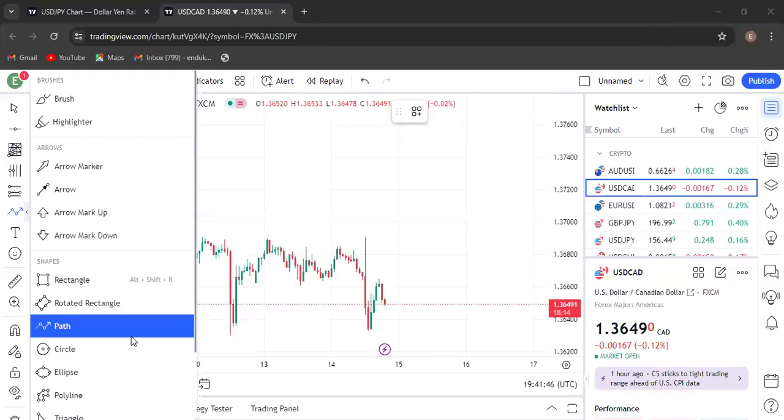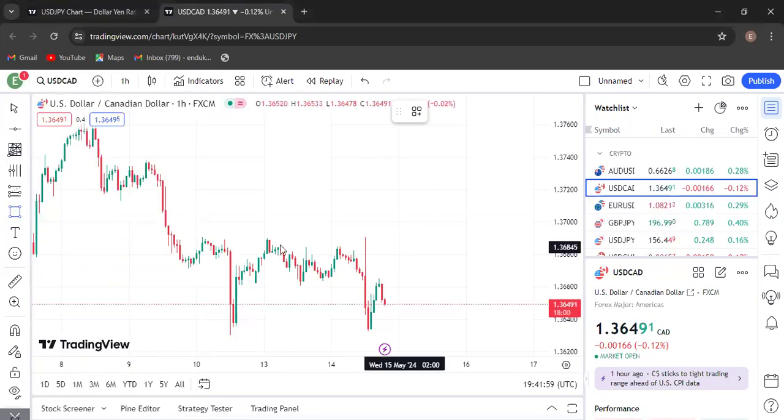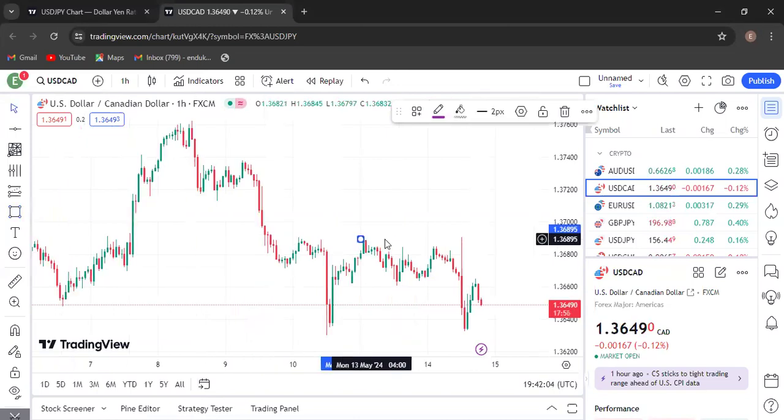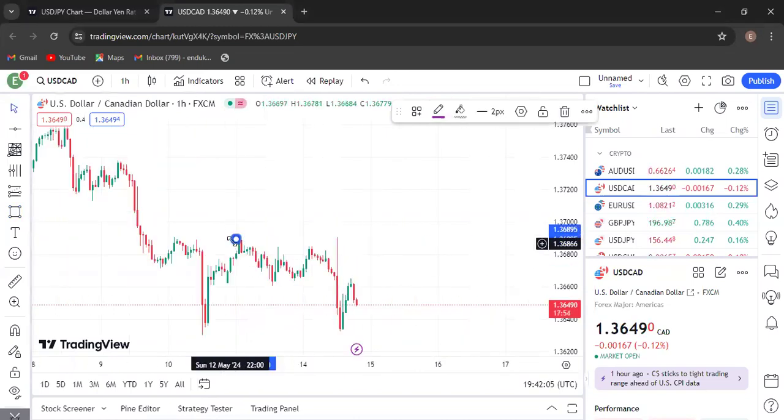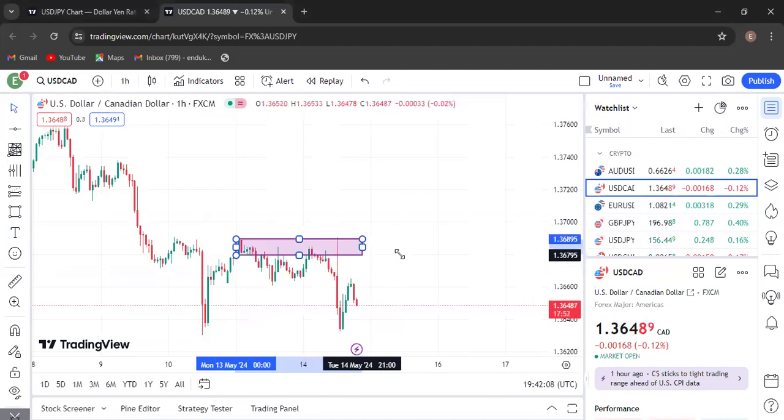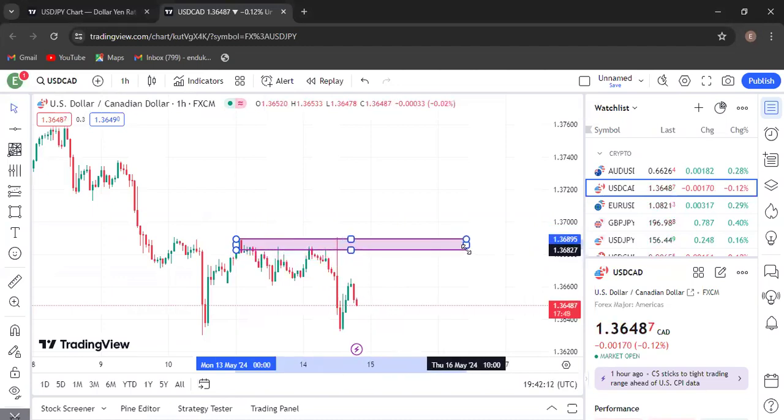Okay. So I wanted to talk about the path, but first, hope you can all see my screen. Let me draw a resistance here. This is actually a resistance. So actually, that trade I took was supposed to get to this resistance, but it is just doing a little bit of pullback.